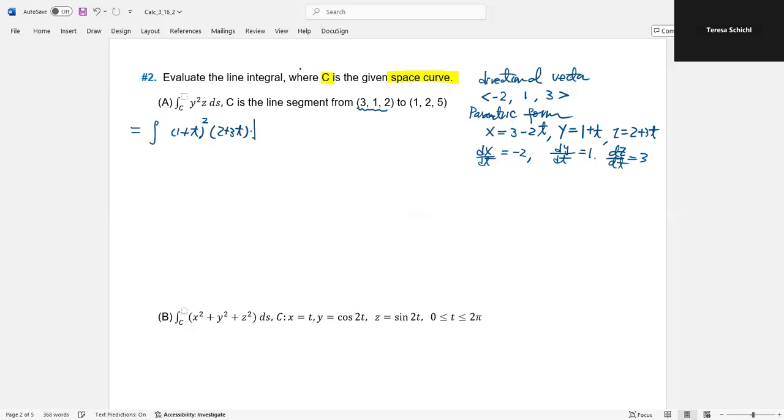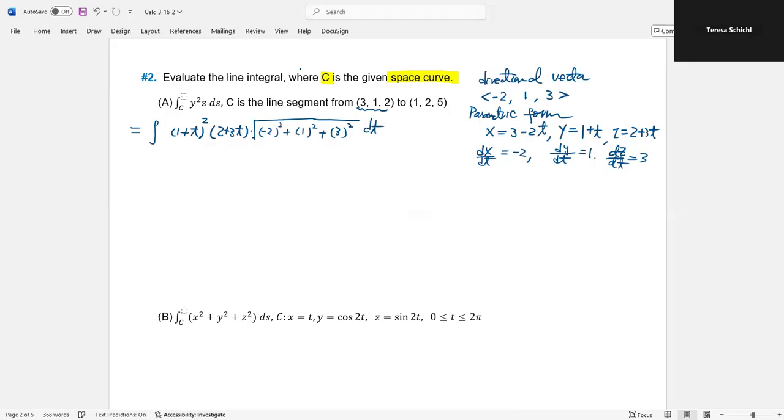Then times the square root of dx/dt squared, which is negative 2 squared, plus dy/dt squared, which is 1 squared, plus dz/dt squared, which is 3 squared, or 9. Okay, then dt.